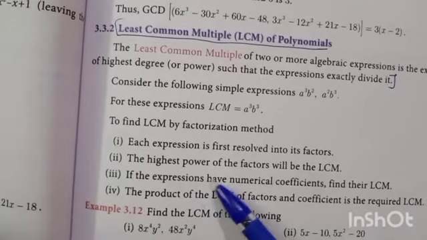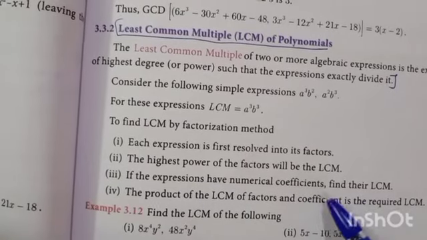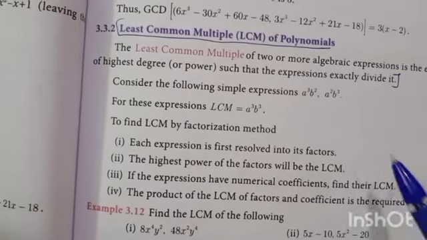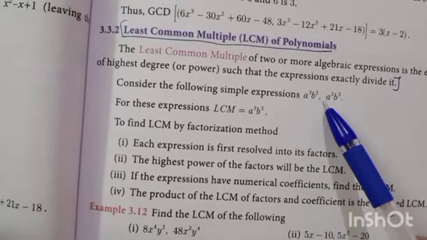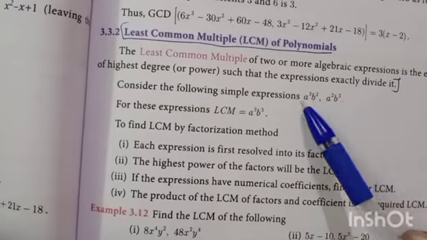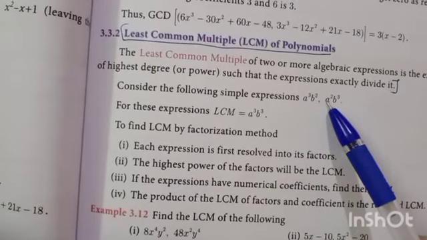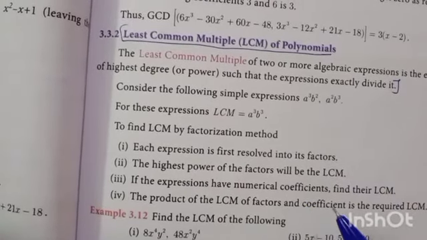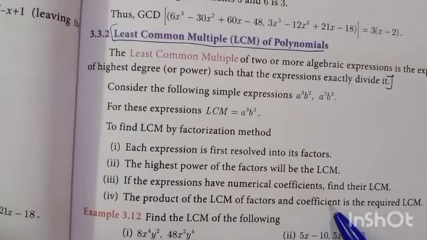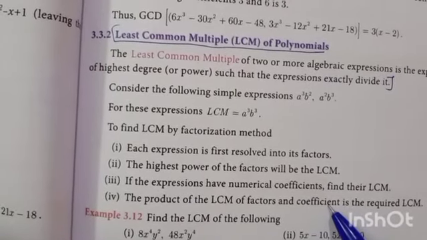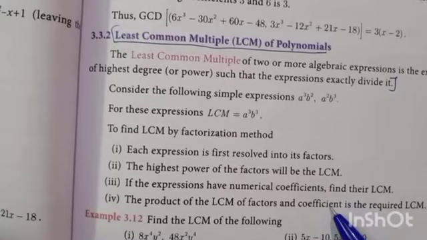If the expressions have numerical coefficients, find their LCM. Here these two terms have coefficient 1, so the LCM of 1 is 1. Suppose we have numbers other than 1, such as 2, 3, 4, 5, or any negative numbers, we have to find the LCM of those coefficients.